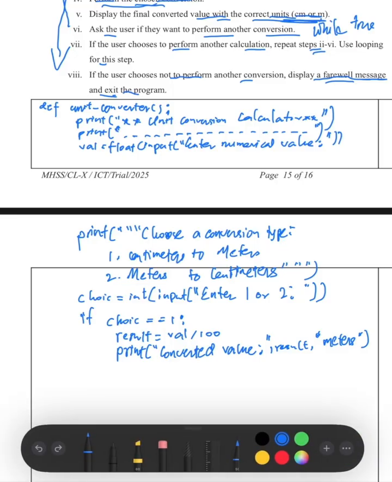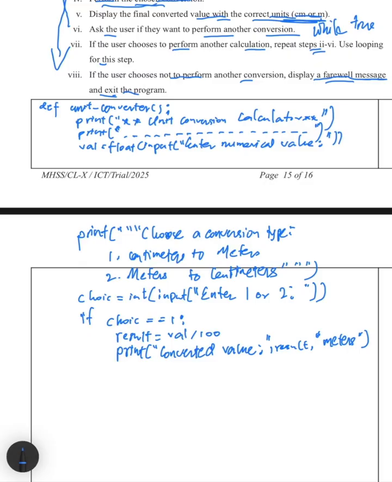The next one is else if the choice is 2, which is elif choice equal to 2, result. So here the result is going to be value times 100, since here we are converting from meter to centimeter.